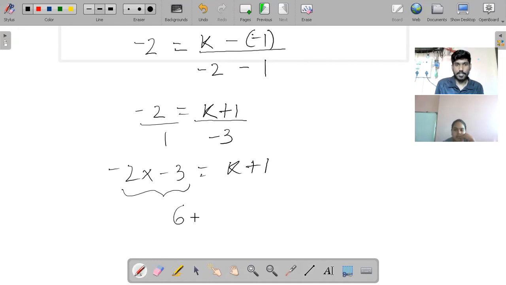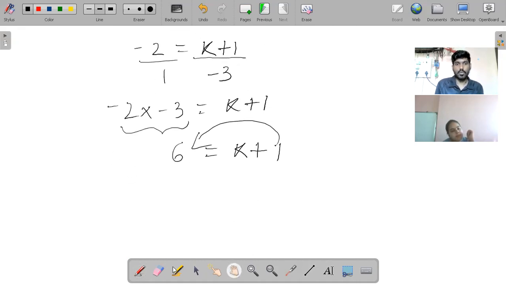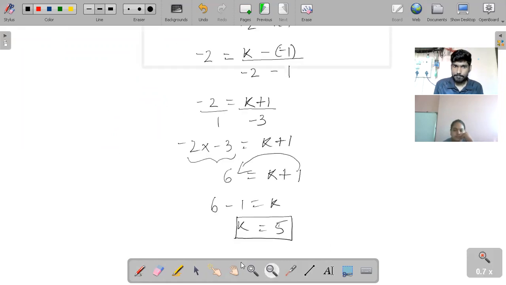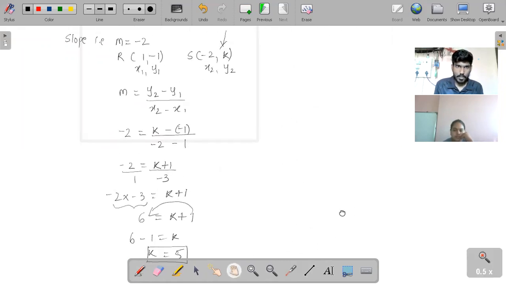So this becomes 6 equals K plus 1. Now you take this +1 to the other side. So 6 minus 1 equals K, that is 5. The value of K is 5. Is this sum clear? Write it down.